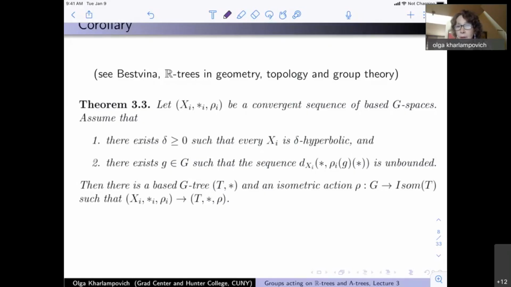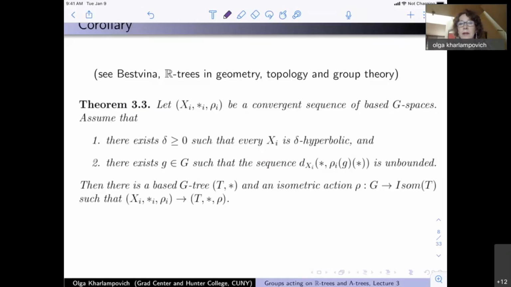the distance between the base point and the image of the base point under the action of this element g, is unbounded. So there are elements which take the base points further and further in the spaces.